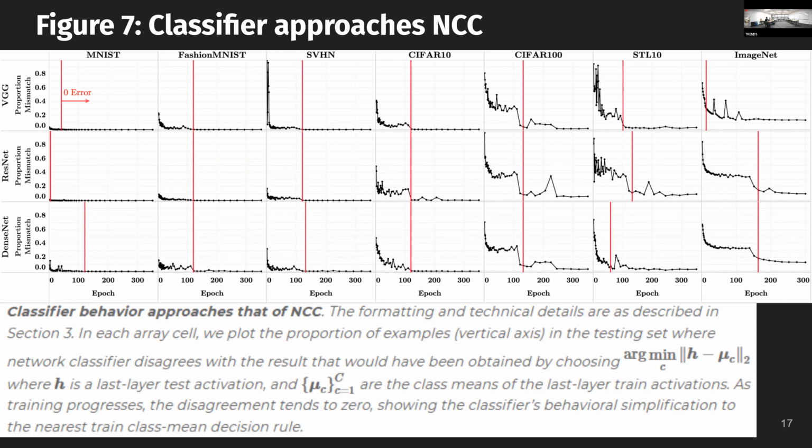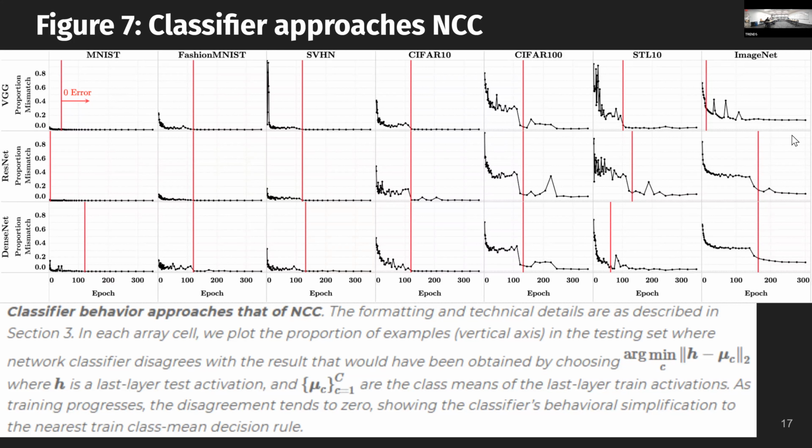Like MNIST, Fashion MNIST, SVHN, the best classification you could probably also get by just taking the class mean, almost, right? Just thinking about MNIST, you can get 100% classification, I think, if you just draw a random number. But it's so simple, right?